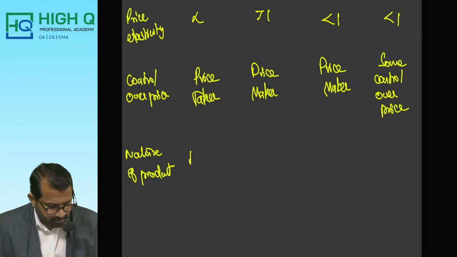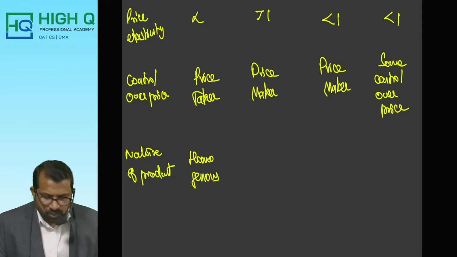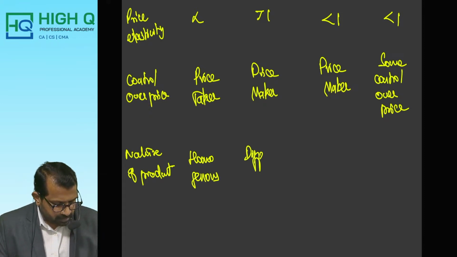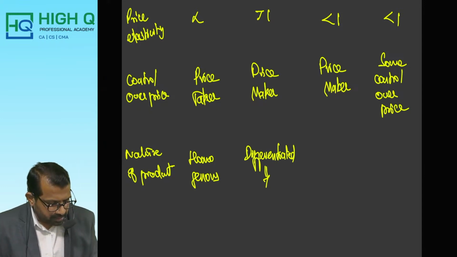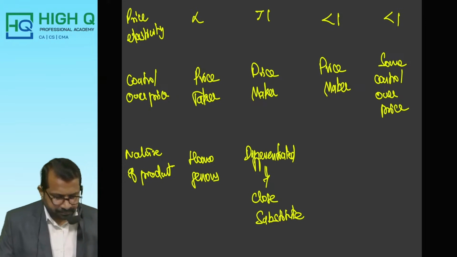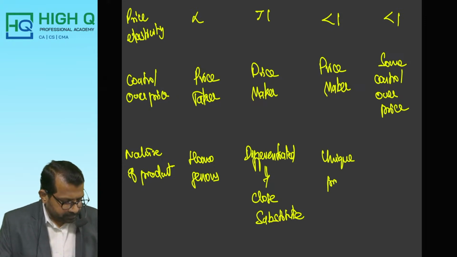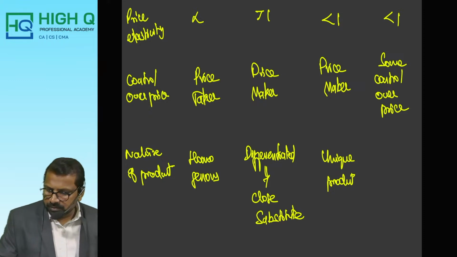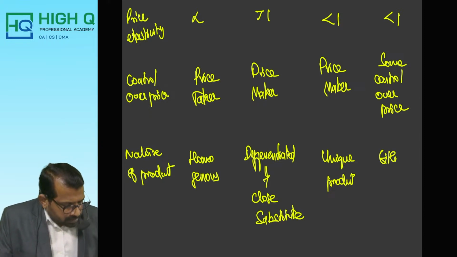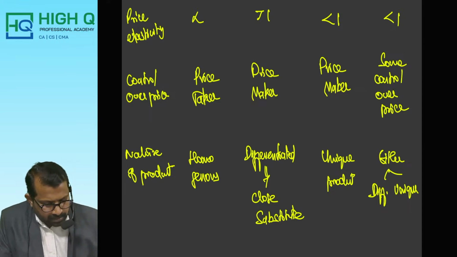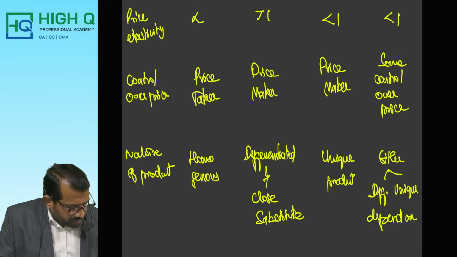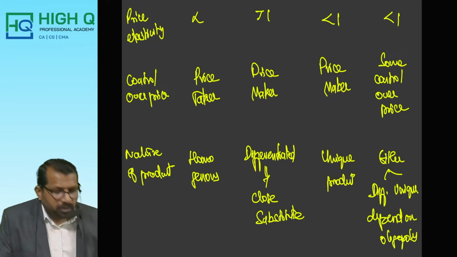Nature of product: homogeneous product, differentiated product but close substitutes, unique product, either differentiated or unique, depends on oligopoly.